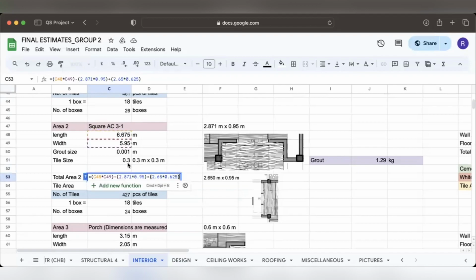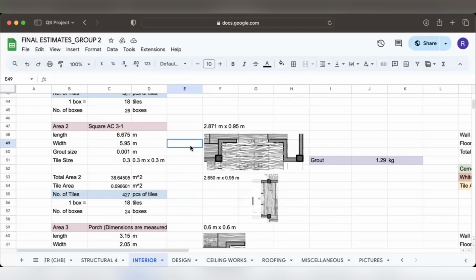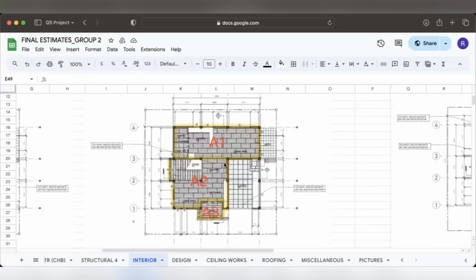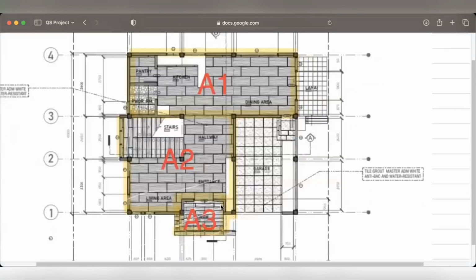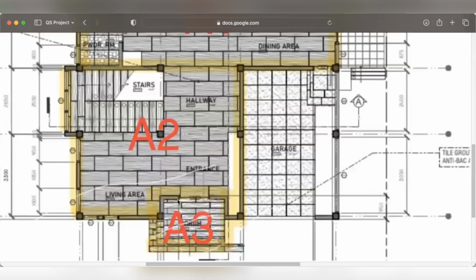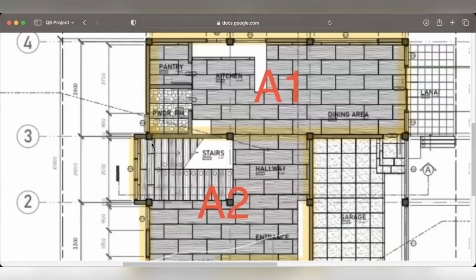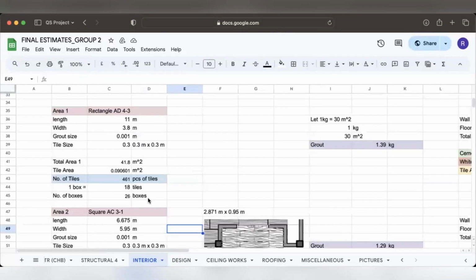This is done by multiplying the length and the width, the area of a rectangle, and subtracting this area, since it is not included in area 2, and adding this area for area 2.